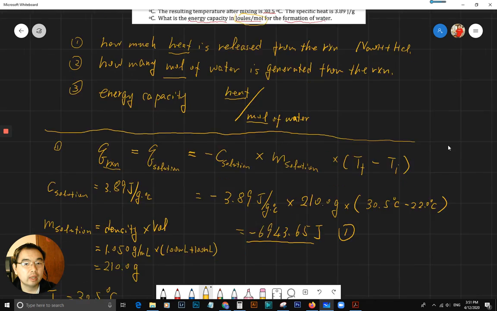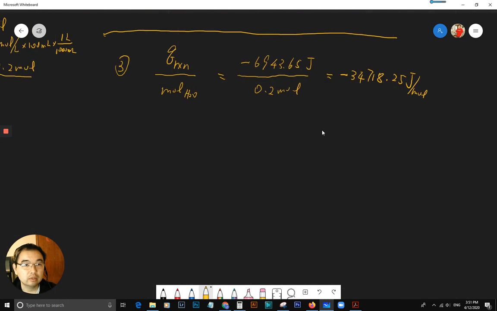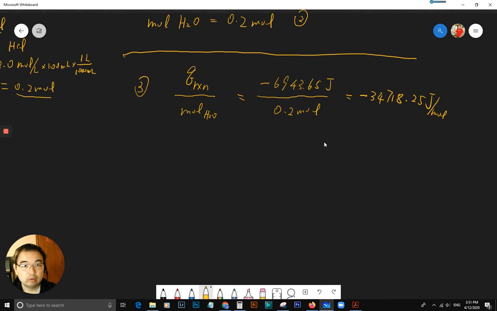So if it's only 1 sig fig, we keep the final answer as 1 sig fig. For the final, it's going to be negative 30,000 joule per mole. You can write it like negative 3 times 10 to the 4 joule per mole. Okay, so this is the final result.